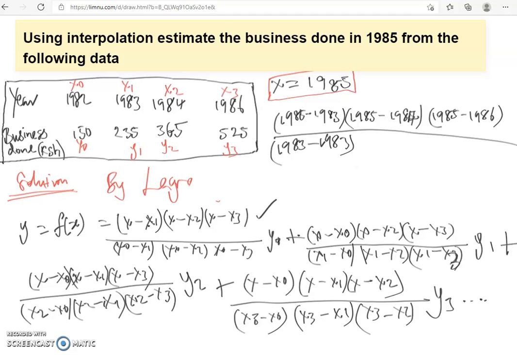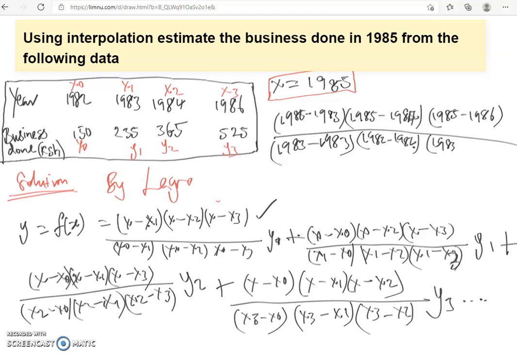Multiply this by 1982 minus 1984 minus 1983.